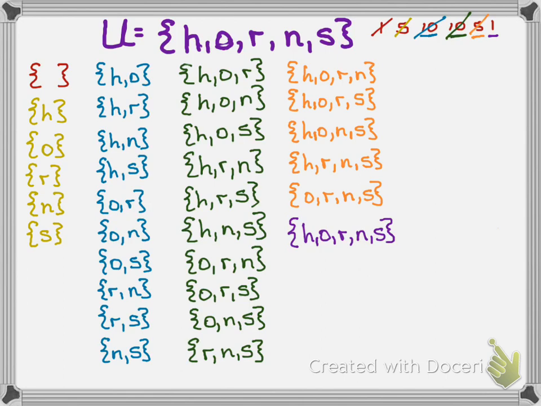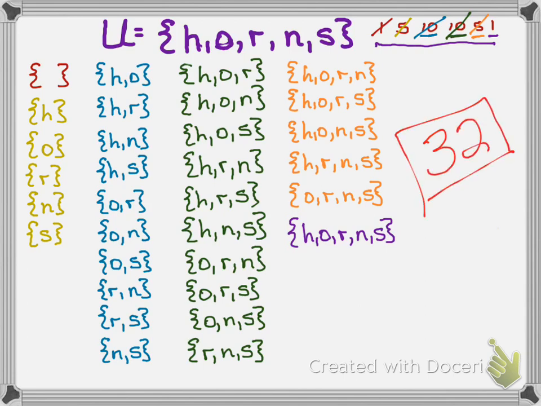So if you notice, we followed that Fibonacci sequence for 5 elements all the way through, didn't we? We had 1, we had 5, we had 10, we had 10, we had 5, and we had 1. All right, guys. That is 32 subsets for the letters that spell out horns.